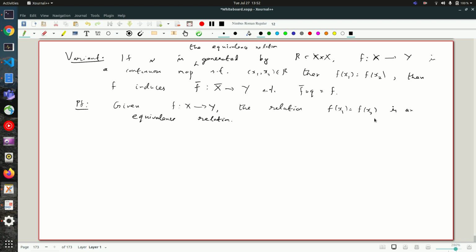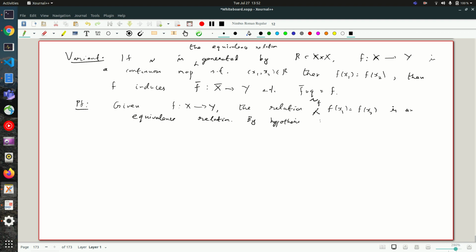Just notice f of x is f of x, of course, so it's reflexive. This is symmetric. And if f of x1 is f of x2 and f of x2 is f of x3, then f of x1 is f of x3. This is an equivalence relation, and by hypothesis, I'll give this a name. Let's call this tilde f or something like that.